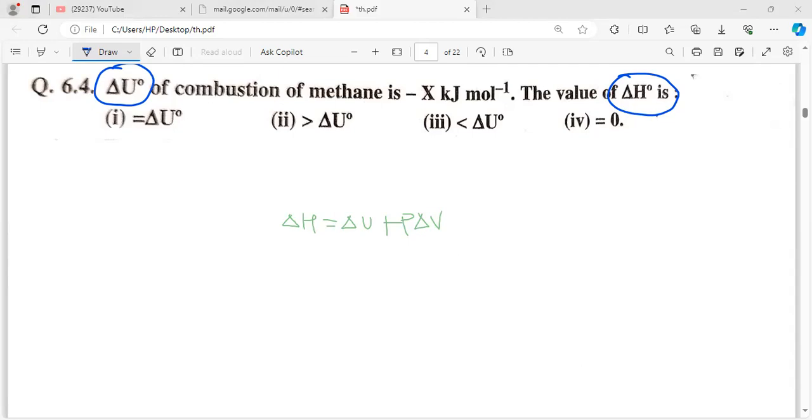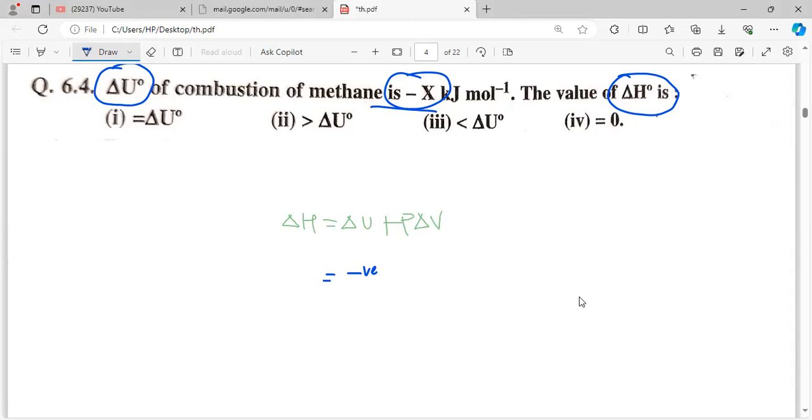I did not understand the question, sir, what they wanted to know. They are saying delta U of combustion is negative. They have given delta U is negative. Delta U of combustion of methane is negative.